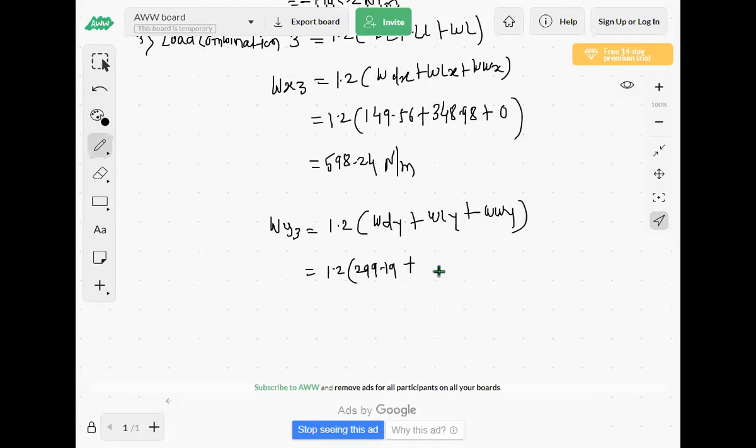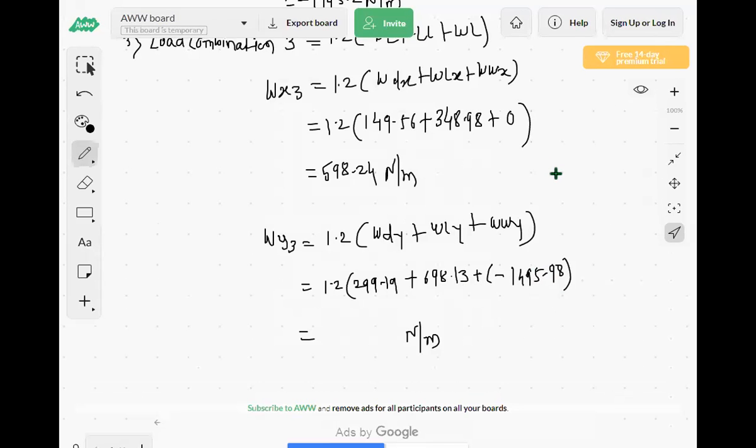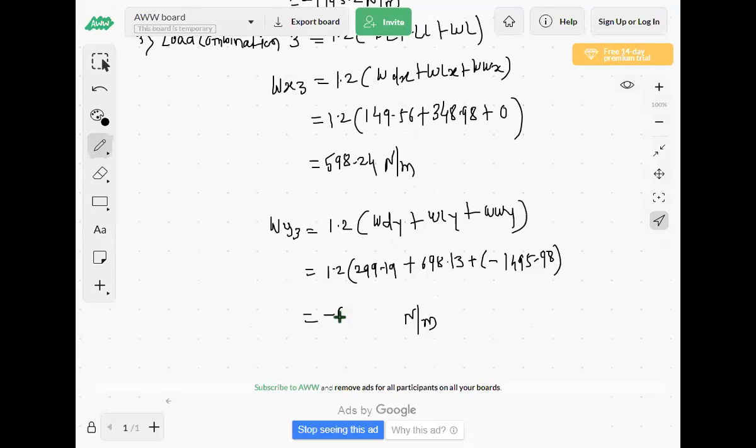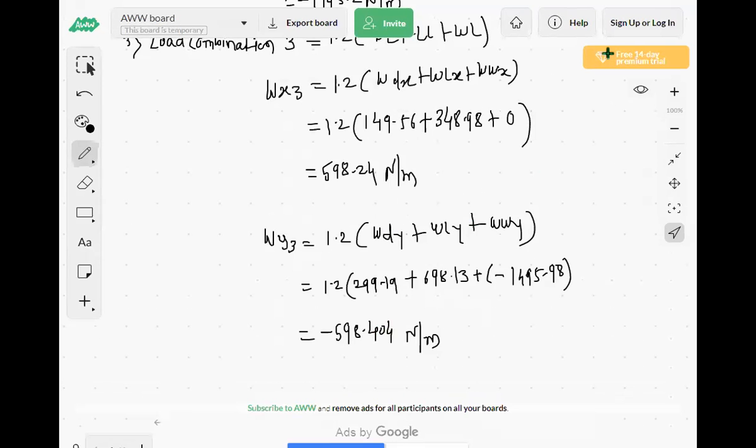WLY is 698.13, and here WWY is negative 1495.98. So tell me the answer, whether it is positive or negative. Minus 598.404. Yes, correct. Swapnil, Priyanka, your answers are both the same.